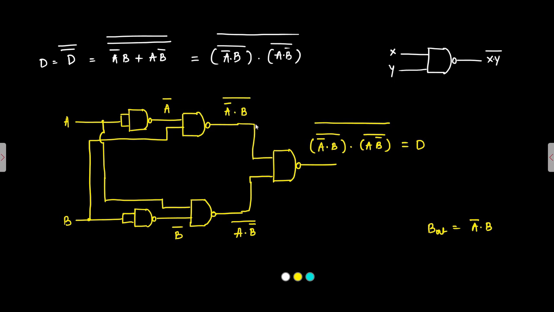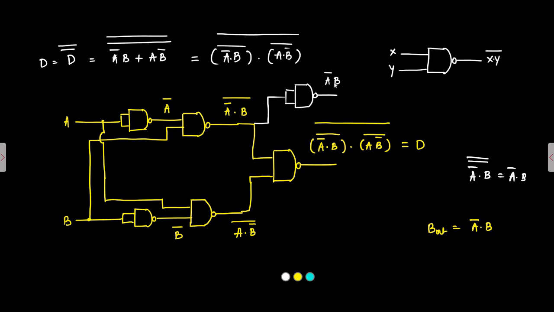So if we take this output and apply it to a NAND gate in this manner, we will have A bar B, because A bar B double complement will be A bar B. The double complement of something results in the same.